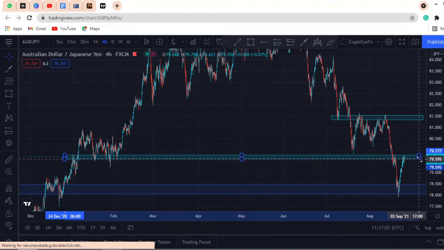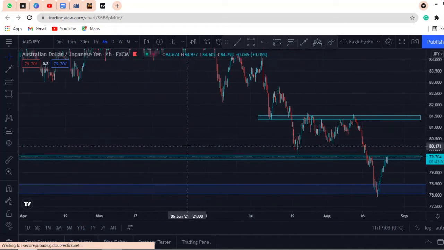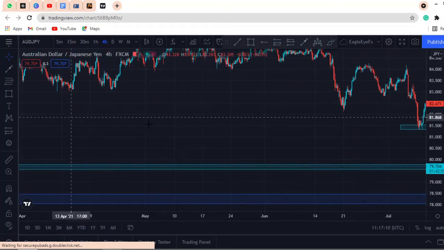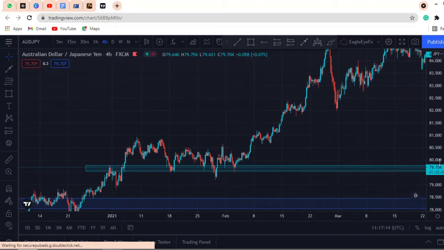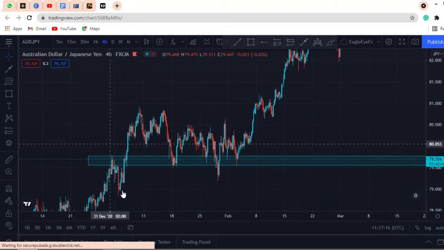I mark that level that way because if I go back, zoom and go back, you see that this level acted as a resistance.